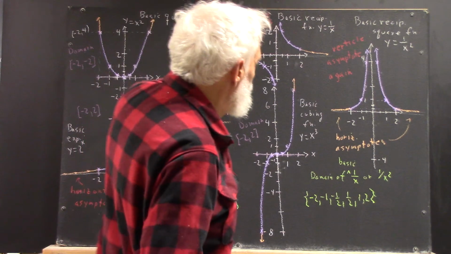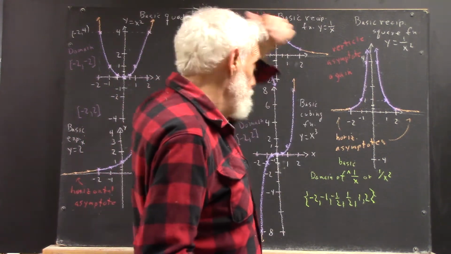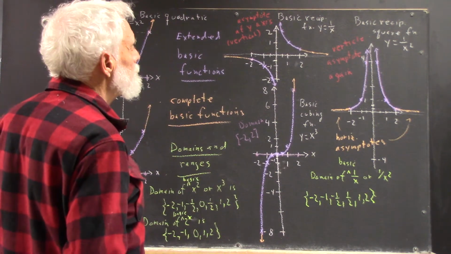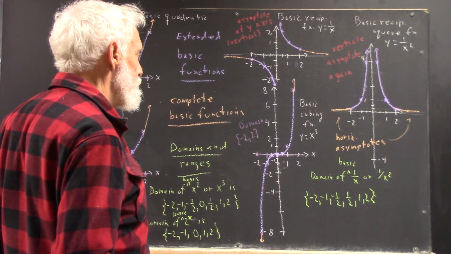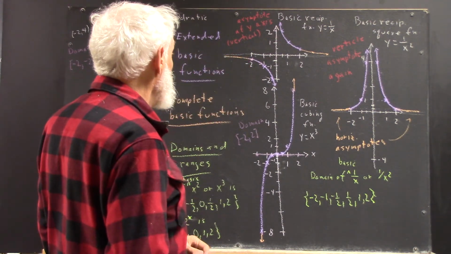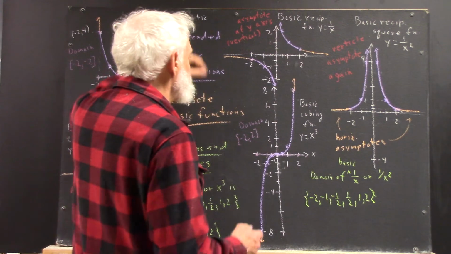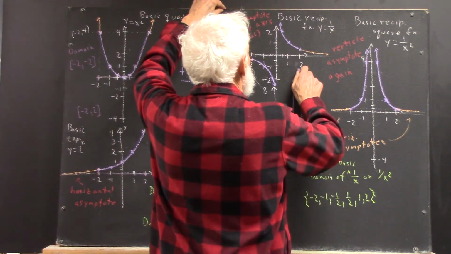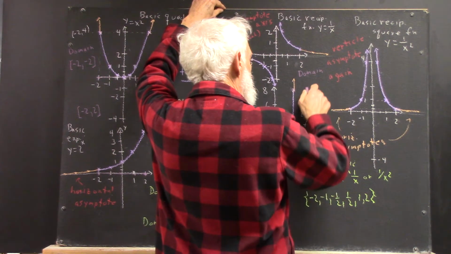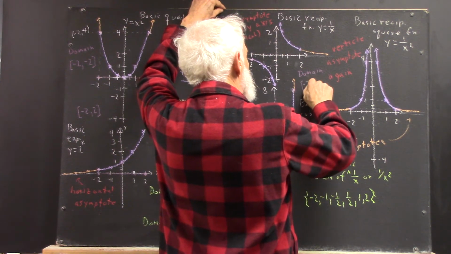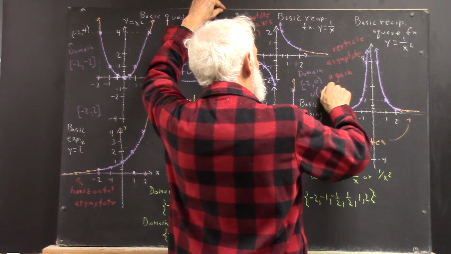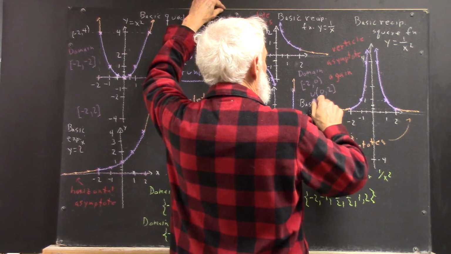Now the domains of these functions include all x values between -2 and 2 except 0. So we write the domain there as the interval from -2 to 0, union 0 to 2.